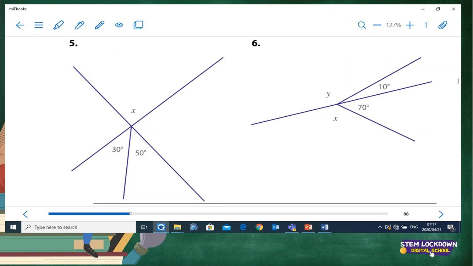But that does not end there. That is not the only way in which you can find the value of x. You can still use the vertically opposite angles. You can see that the 2 lines which form an x there, x is vertically opposite to 30 plus 50.